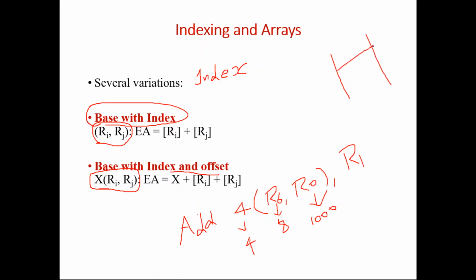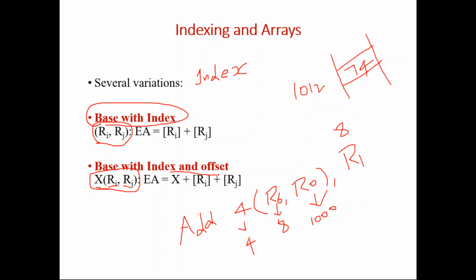If the value at location 1012 is say 74, and if R1 contains 8, then 74 will be added with 8. 74 plus 8 is 82, and the result will be stored in R1. So there are 3 things we are adding. If you want to do something like that, then you should use base with index and offset.